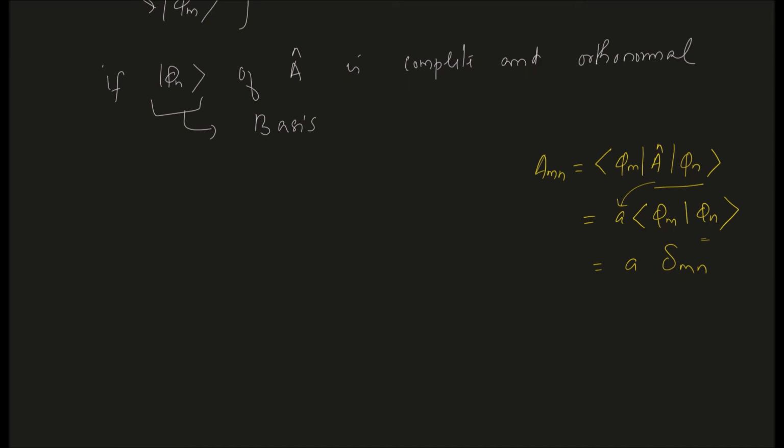That means you can write this matrix A in this basis as a1, 0, 0, etc.; 0, a2, 0, etc.; 0, 0, a3, etc. So you get a complete diagonal matrix if you expand it in this basis phi n.